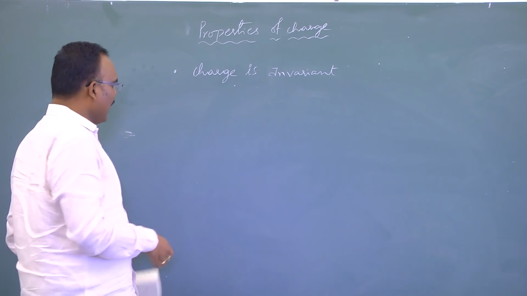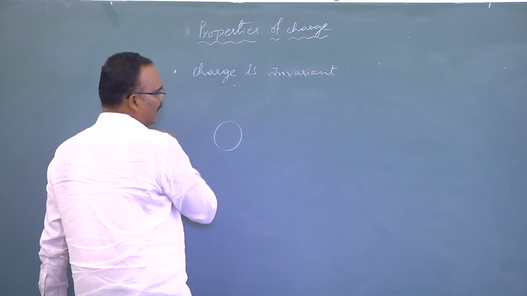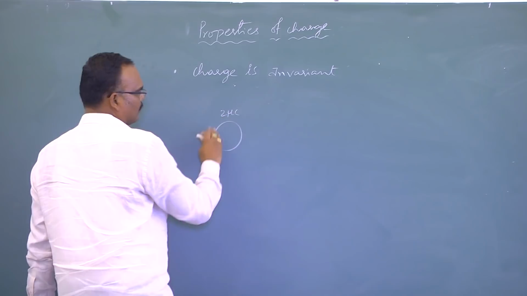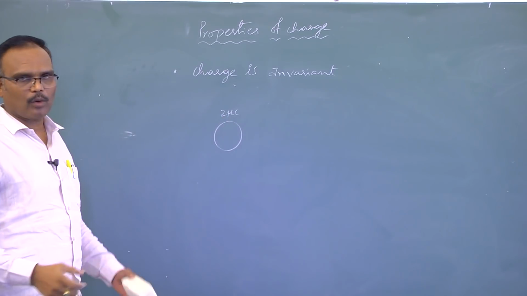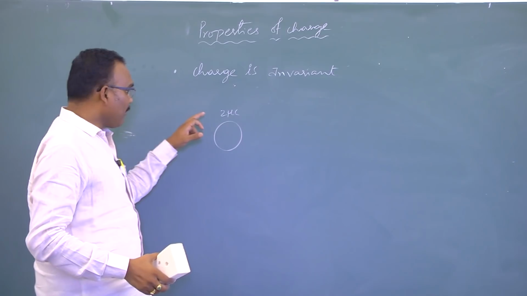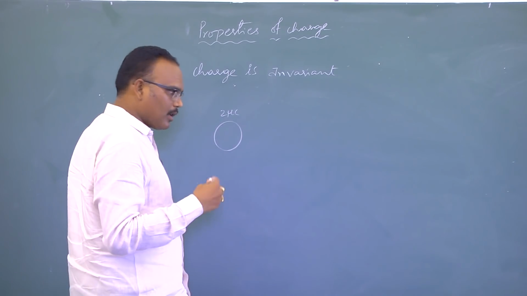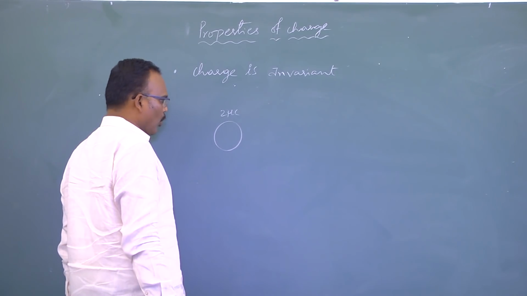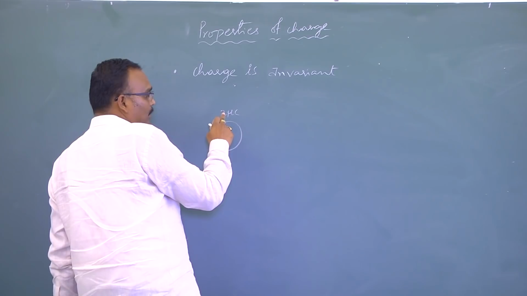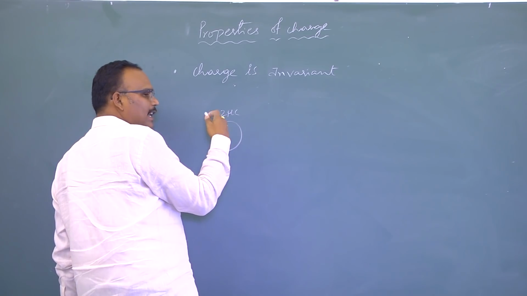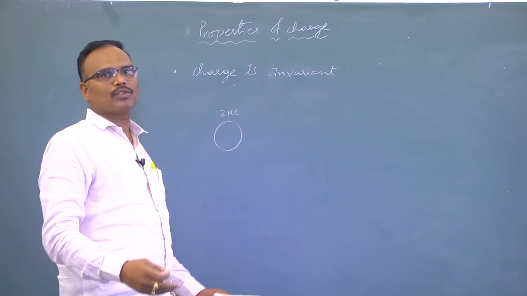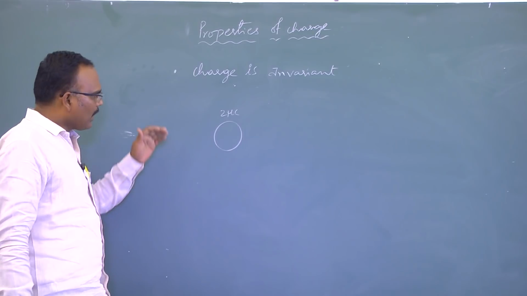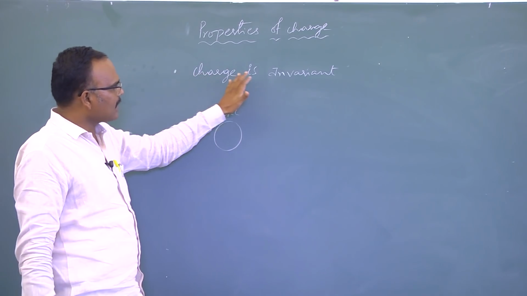It means that when a body possesses a certain amount of charge, say 2 microcoulomb, the magnitude of charge does not change with the velocity of the charged body. The charge on a body is independent of the velocity with which it moves. Why are we studying this?